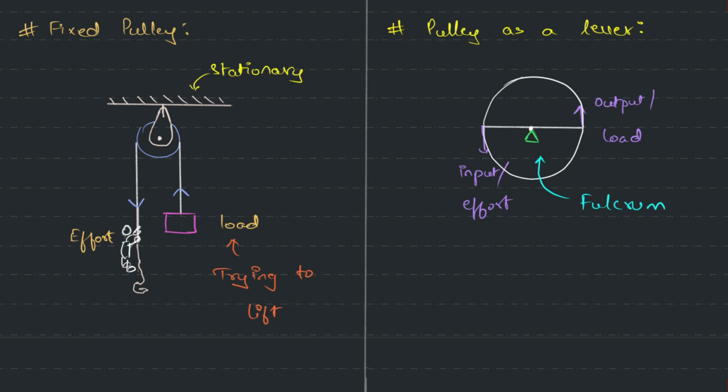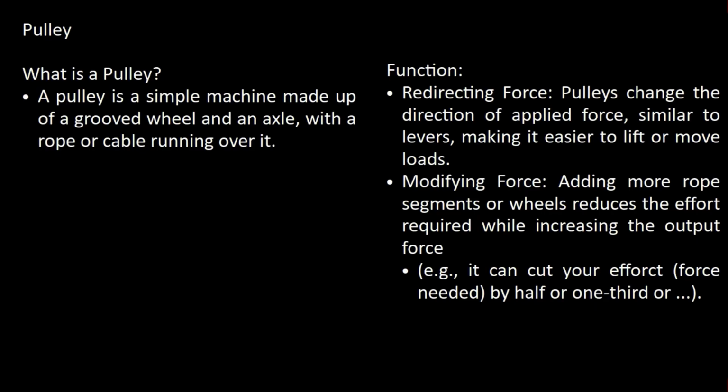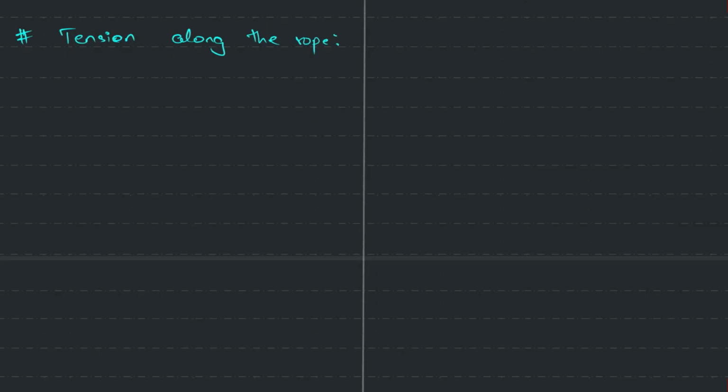Okay. Next, the next perspective is with tension. This comes from the first point. Tension along the rope. I hope you guys have written this. So I'm talking about the first point. If the rope is massless, the tension is the same at both the ends.